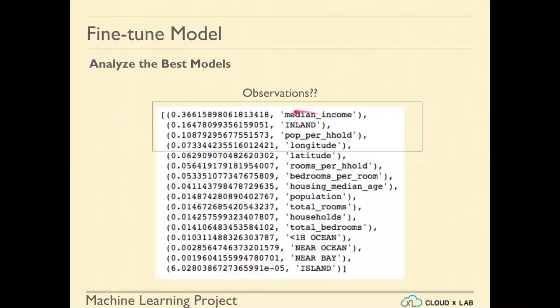This feature is impacting the house pricing most because the value is highest here. Then inland is also impacting, whether inland is yes or no is impacting the results more. And the population per household is also impacting, but a little less than inland. And then the longitude.